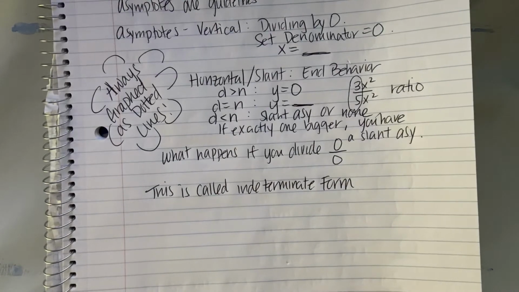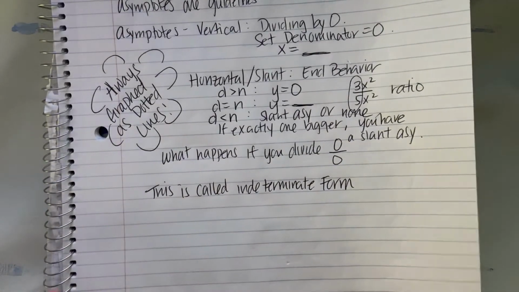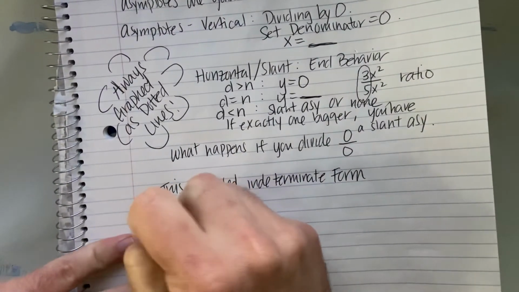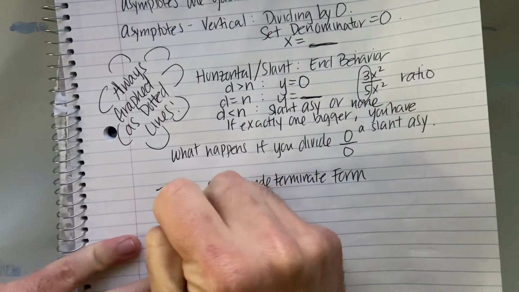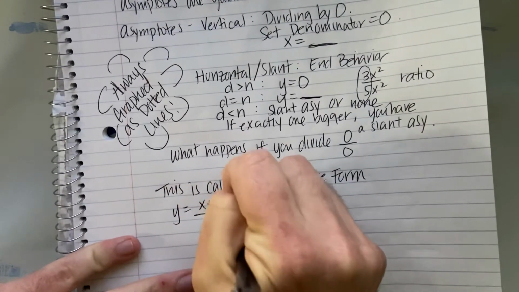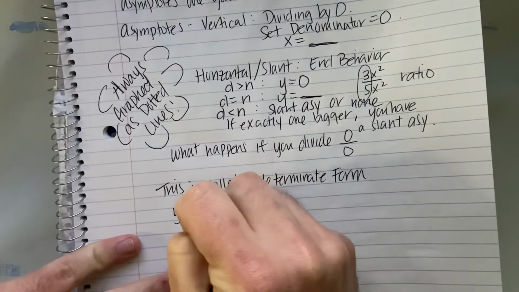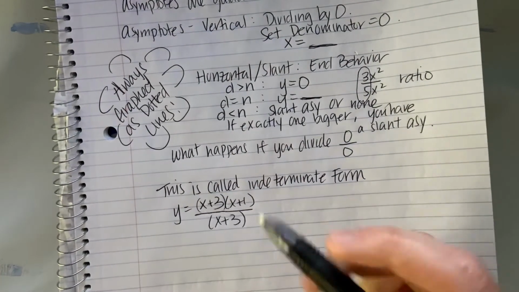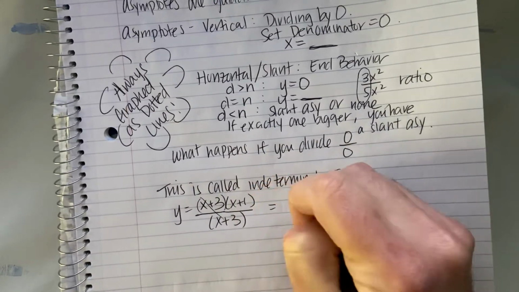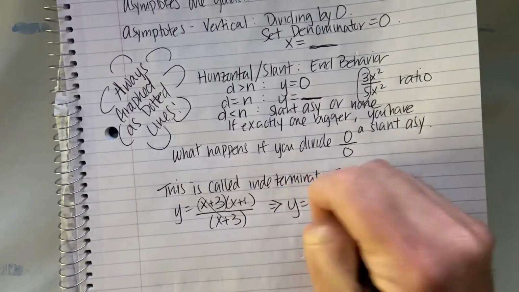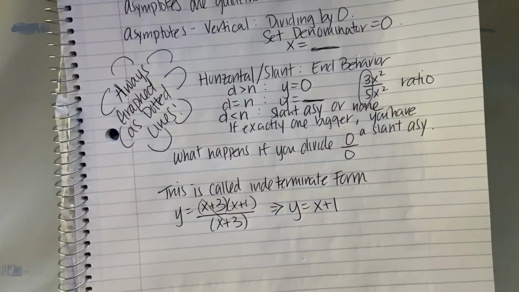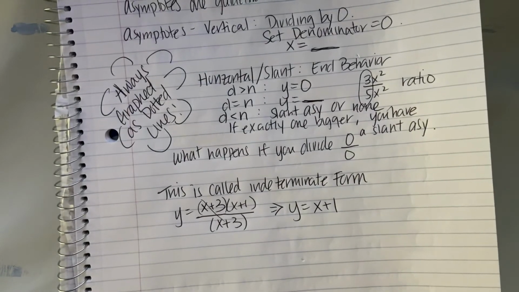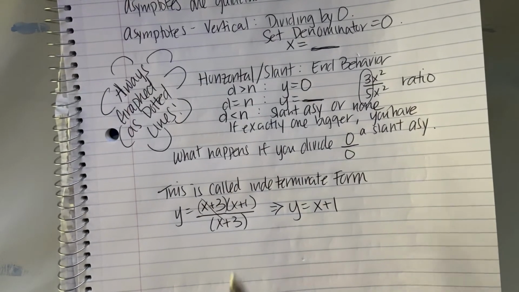Now, in a rational function, if we have something like x plus 3 times x plus 1 divided by x plus 3, in your brains you want to say, well, I can just cancel that out and get y equals x plus 1. But there's one exception here.